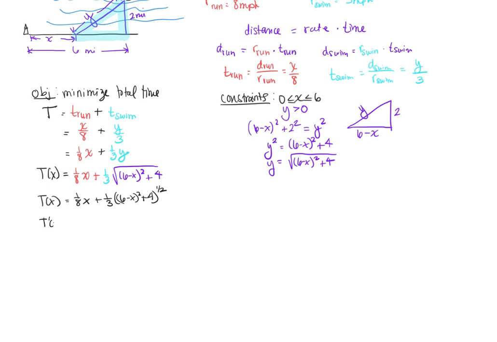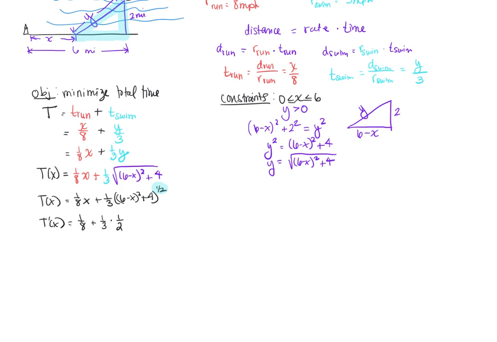So if we did t prime of x, we can say then the derivative of 1/8 x with respect to x is just 1/8. Plus, and 1/3 is a constant, so we carry it down with us. And for the rest of this expression, we're going to have to use our chain rule a couple times. So first things first, we're going to bring down our 1/2 power.